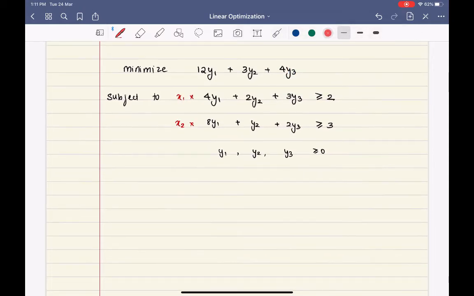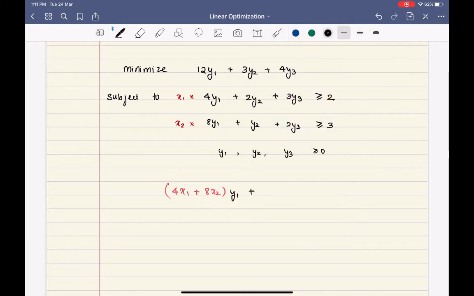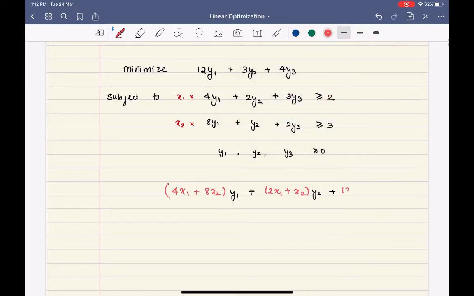We will get 4x1 plus 8x2 times y1 plus 2x1 plus x2 times y2 plus 3x1 plus 2x2 times y3, this thing is bigger than or equal to 2x1 plus 3x2, right?